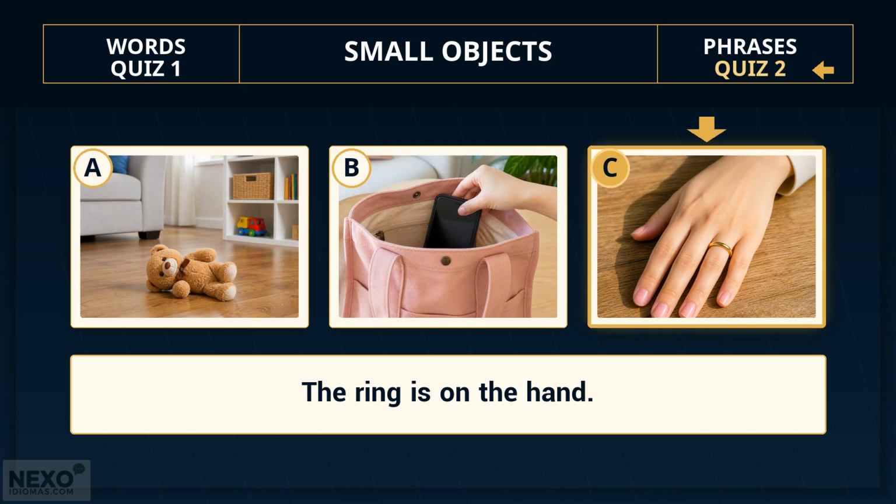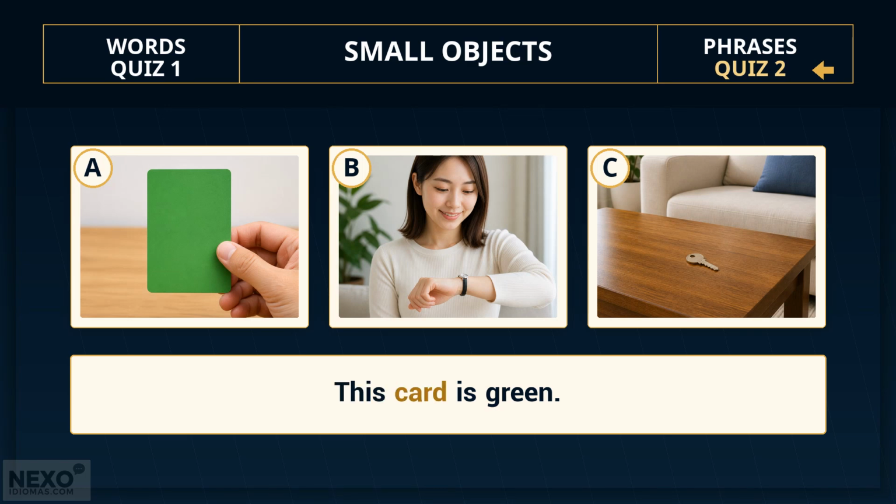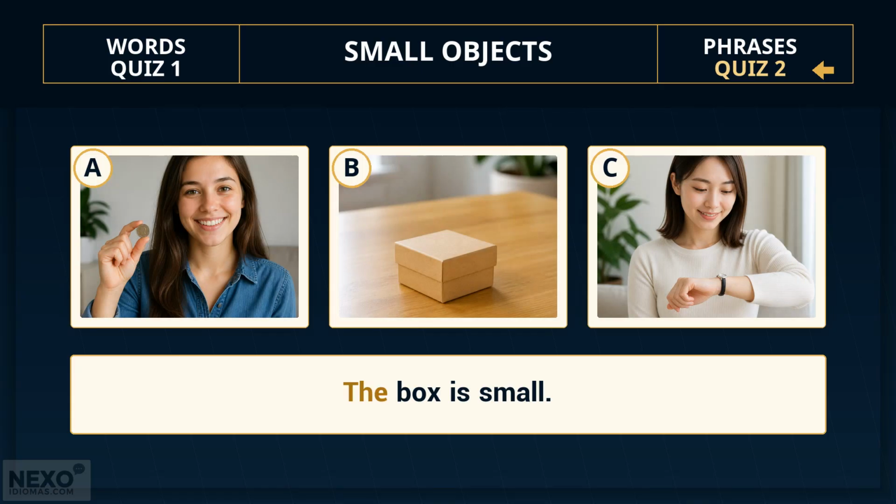C. The toy is on the floor. B. This card is green. A. The box is small. B.